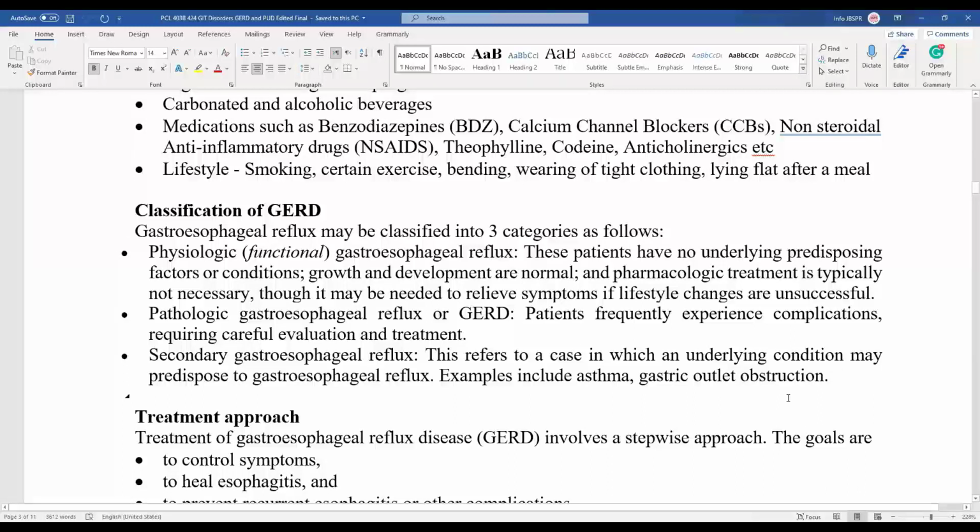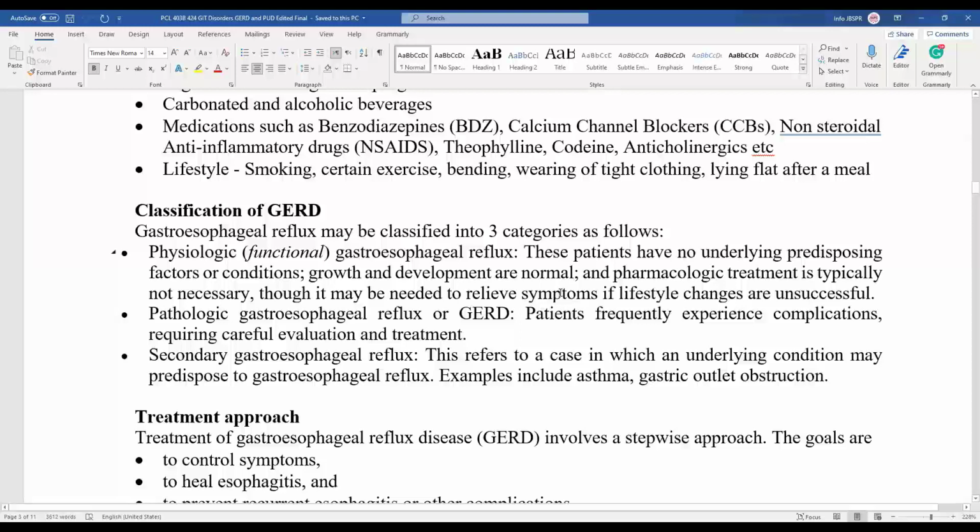In this case, most times the treatment is just lifestyle modification. Probably if you discover that you eat large quantities, you can decide to eat your meal in bits. Then also you avoid lying down immediately after food or bending down. That's why we are advised at times not to sleep immediately after food. We allow some hours before we go to bed.